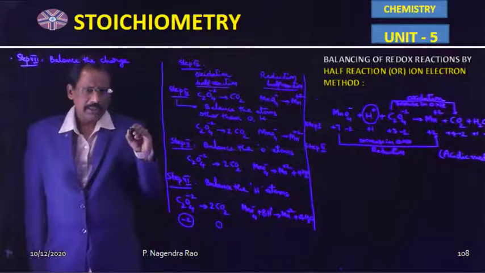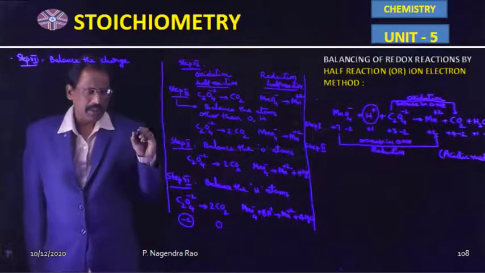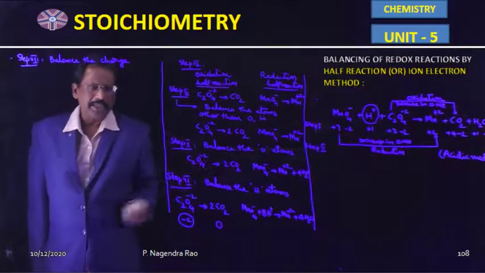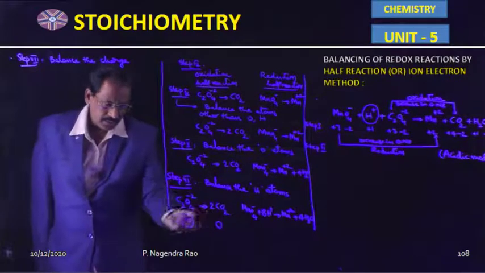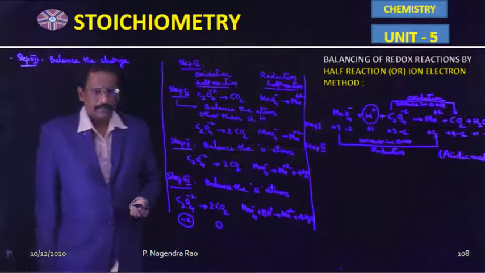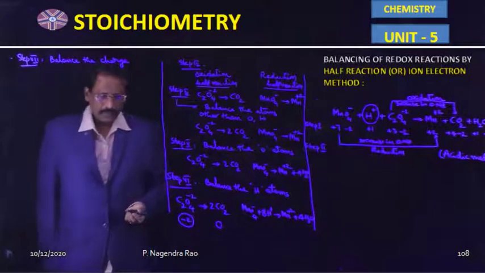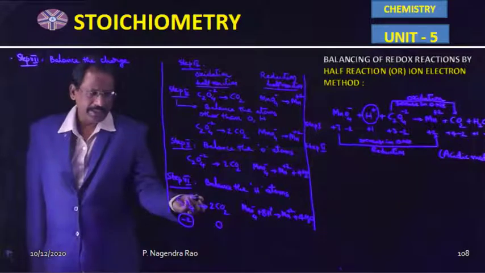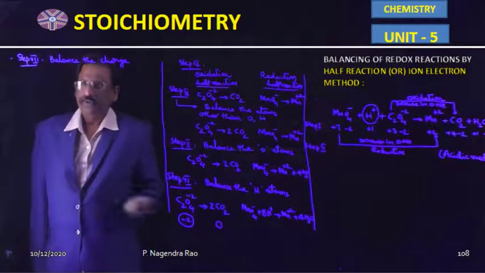Now, by adding the required number of electrons to the product side, equate these two charges.